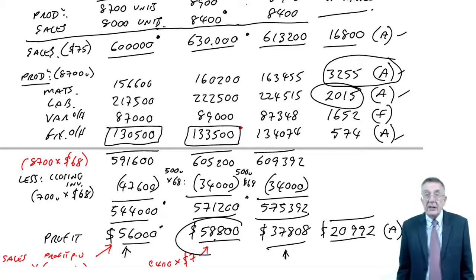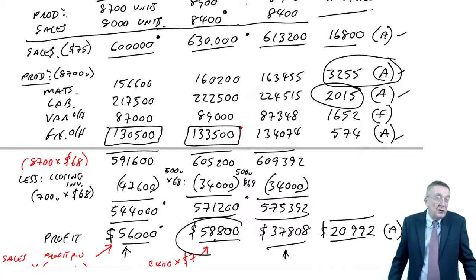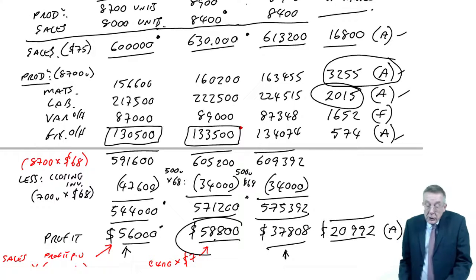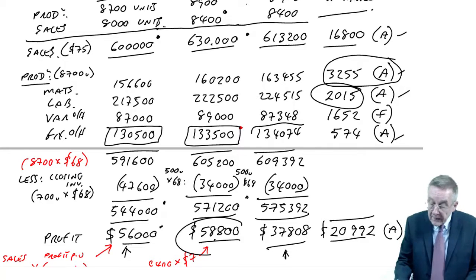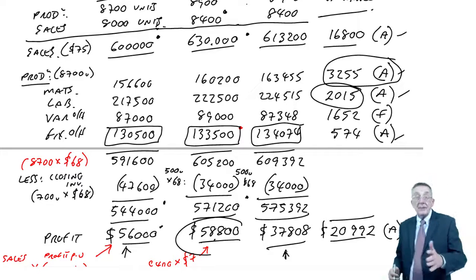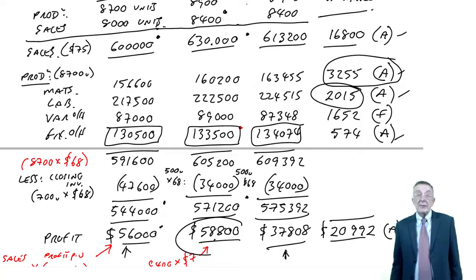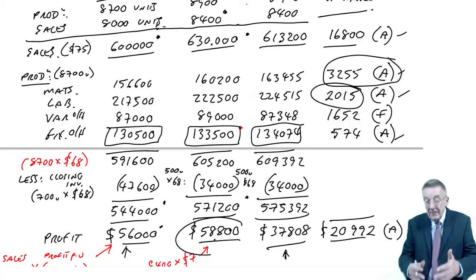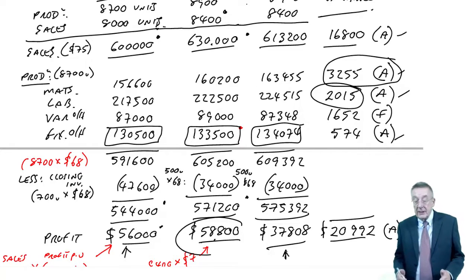And we stuck in $15 a unit, even though we know it shouldn't really have changed. The actual was 134,074, and so certainly as against the flex budget, there was a 574 adverse variance. But we still know that this should really have stayed at 130,500.